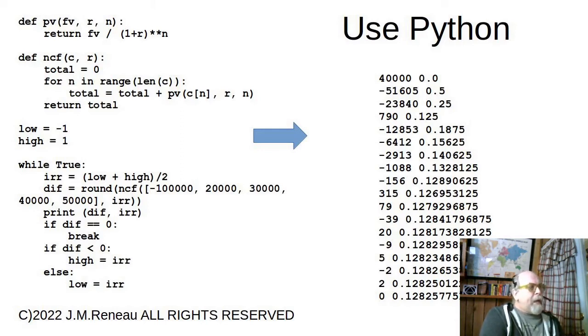The idea is, well, imagine, have you ever played the game with a friend? I'm thinking of a number between 1 and 100, and I'll tell you higher or lower when you make your guess. Well, I don't know if you've learned, but the first guess is always 50, because that cuts the search space exactly in half. You either know that it's above 50 or you know it's below 50.